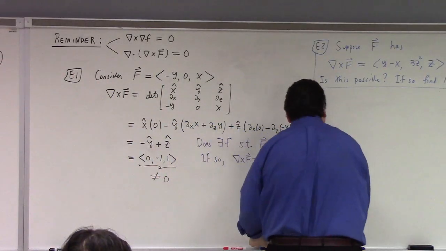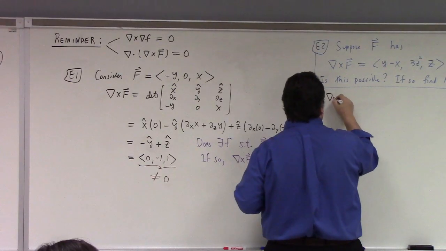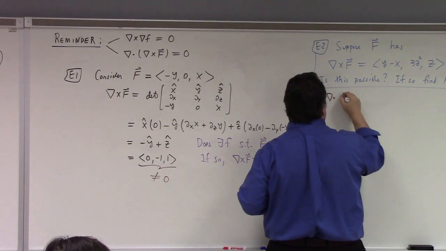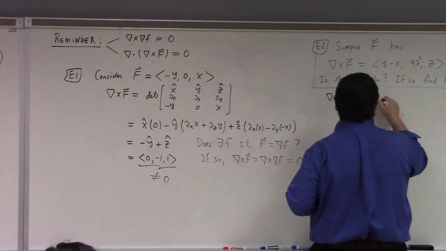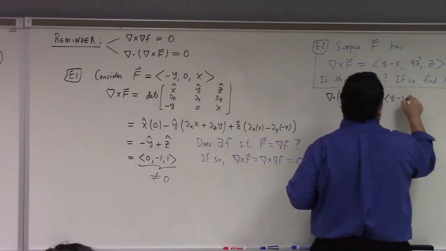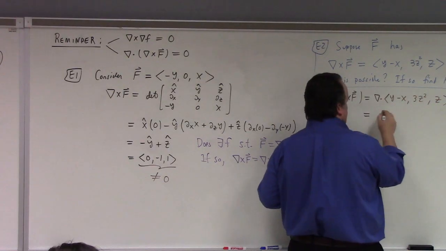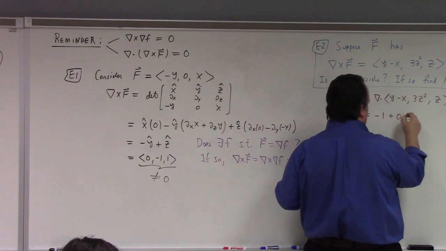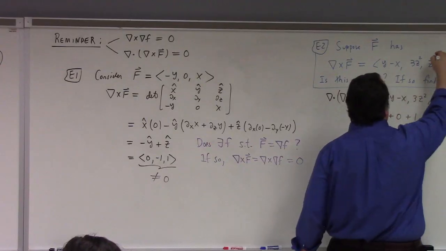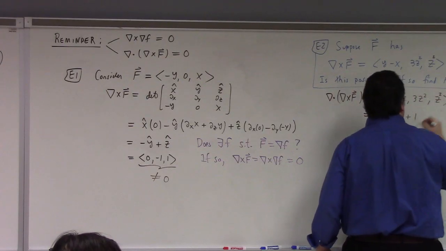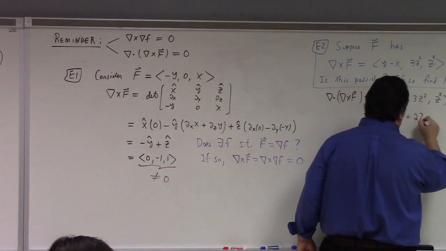Certainly, if we calculate the divergence of the curl of F here, allegedly the curl of F, that's the divergence of y minus x, 3z squared, z, which is minus 1 plus 0 plus 1. Oh, man. I'm going to square that z. There we go. So then we've got a 2z. All right, there, I feel better.